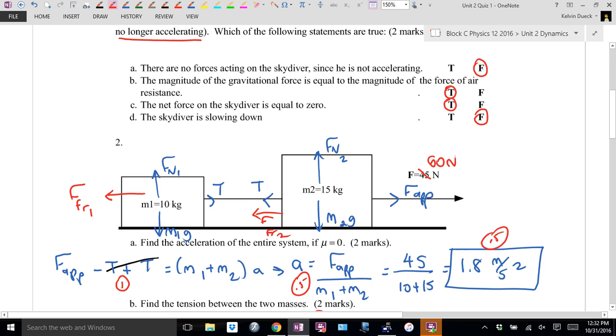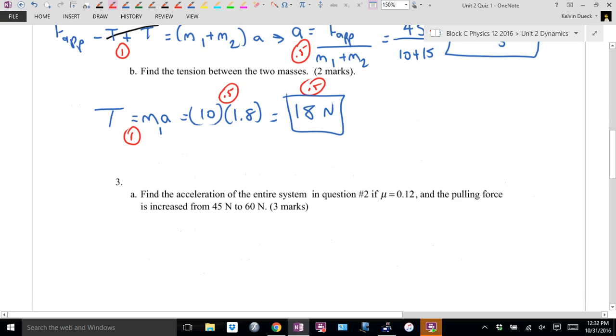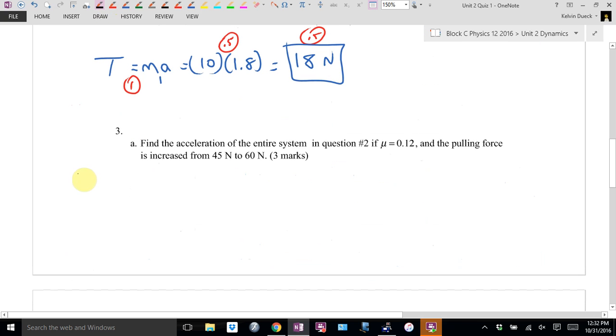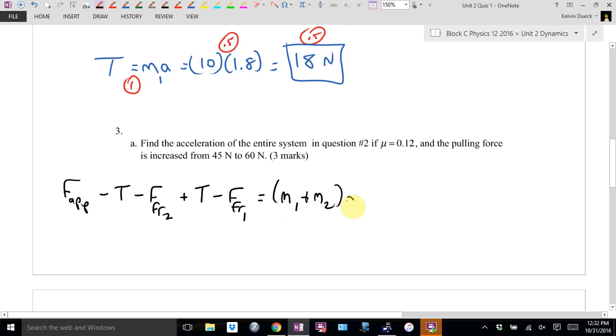Otherwise, the free body diagram is the same. I'll just add it to my diagram. Now my equation is going to look like this. Who's winning? The applied force minus tension minus friction force number 2 plus tension minus friction force number 1. That equals M1 plus M2 times A.